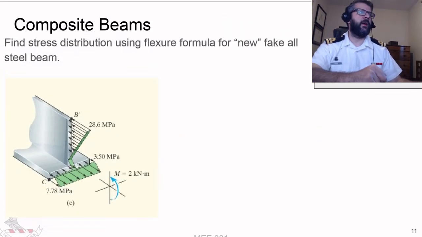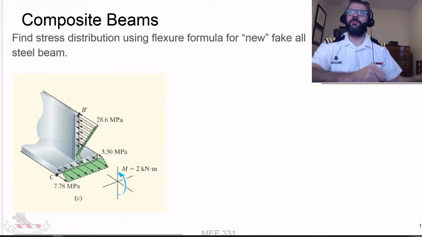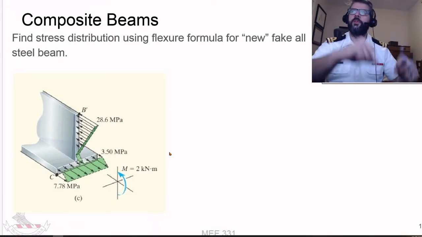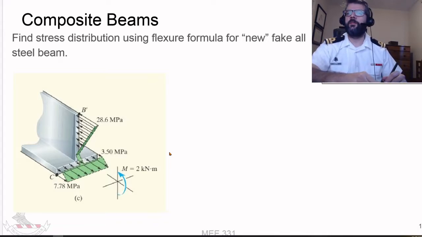From that, we find our stress distribution using our flexure formula for the new fake all-steel beam.